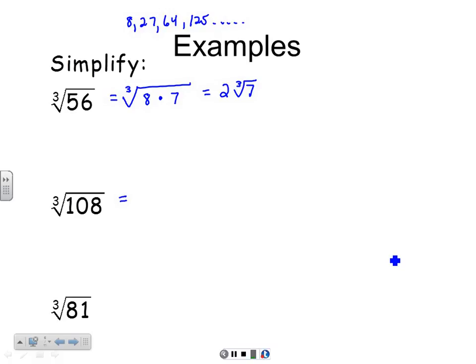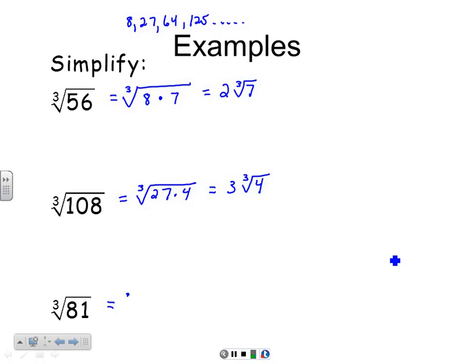Alright, 108. Let's do 108 divided by 27. So yeah, it's going to be 27 and 4. So we're going to have the cube root of 27 times 4. And the cube root of 27 is 3, so you have 3 cube roots of 4. And then 81, I think 81 is going to be 27 again. 81 divided by 27.